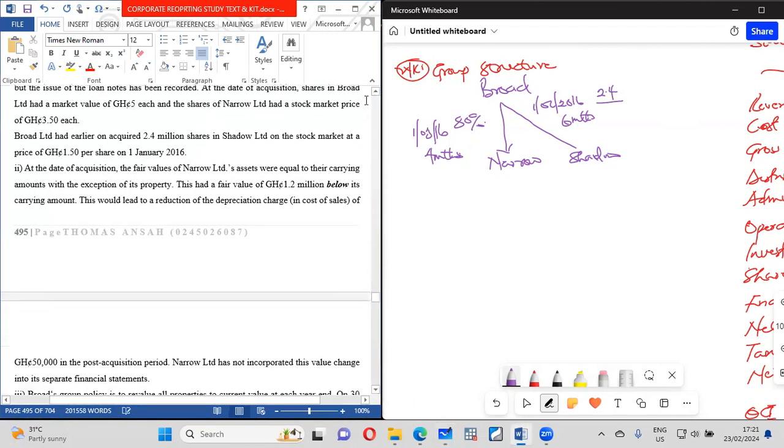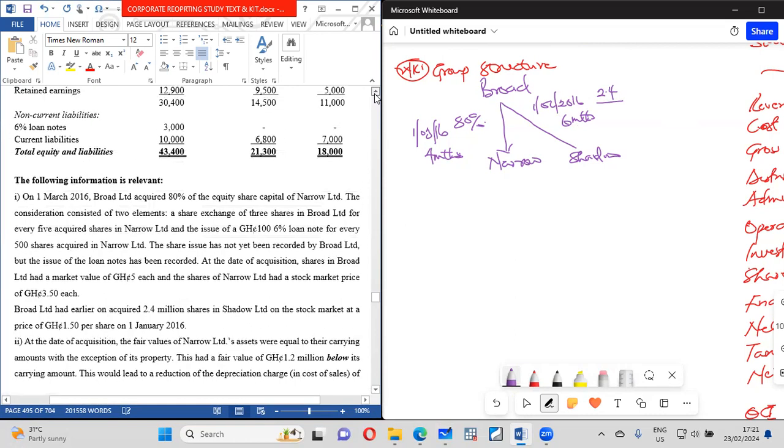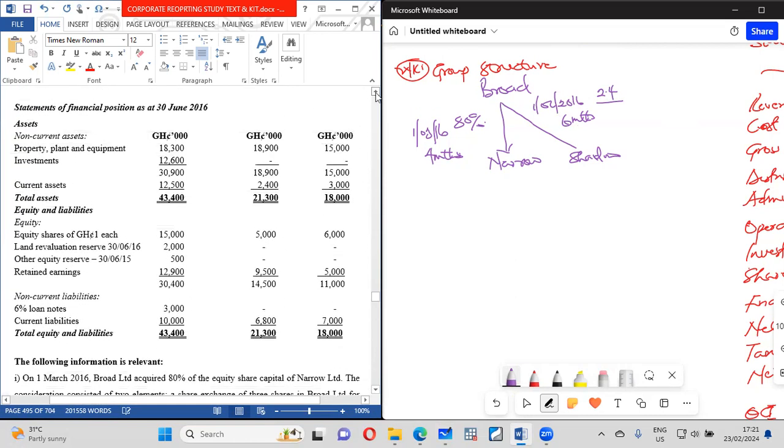You have to go to the balance sheet to get that. The equity shares are priced at 1 Ghana cedi, and therefore here will be 6 million. So 2.4 over 6 gives me 40%. It means they bought 40%, and that confirms the associate. So you have to go through this.